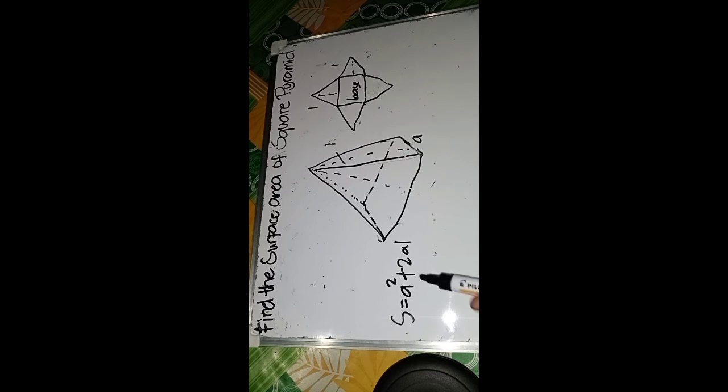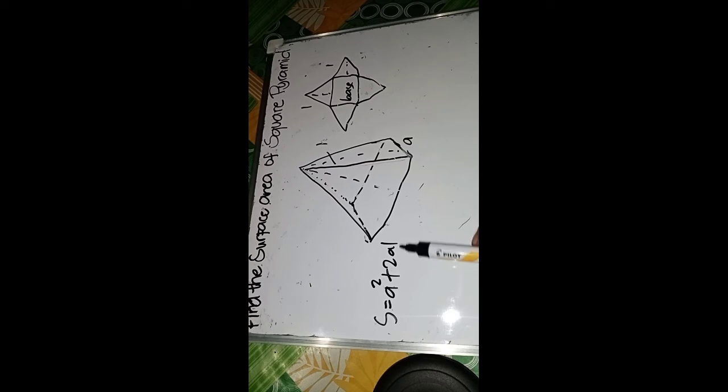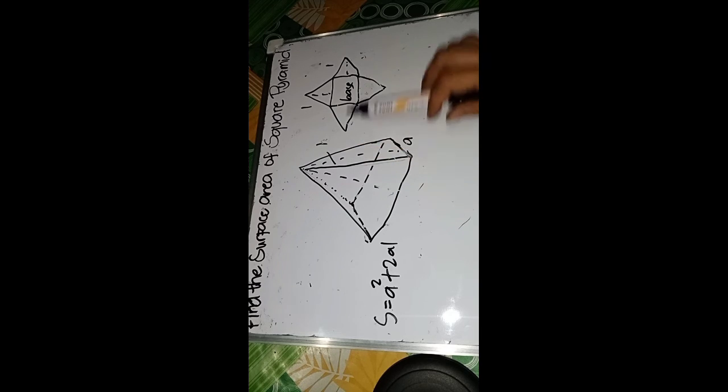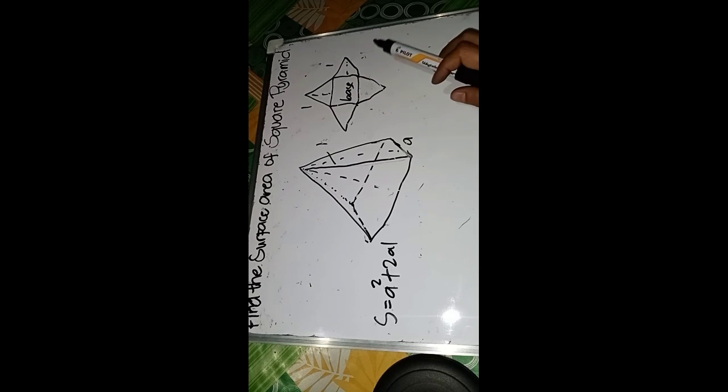So this is our formula for the surface area of a square pyramid: a squared plus 2al. Here a is the side of the base, a squared because it is the area of the base, and l is the slant height. So this is our base, these are the two sides of the base, and this one is the length.